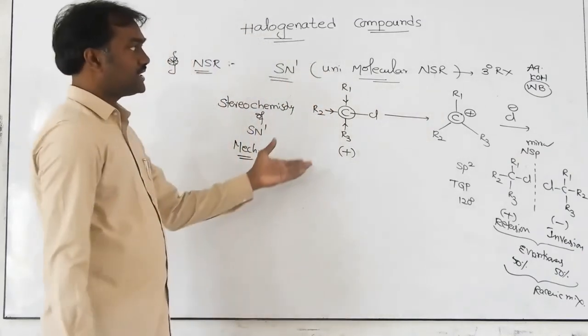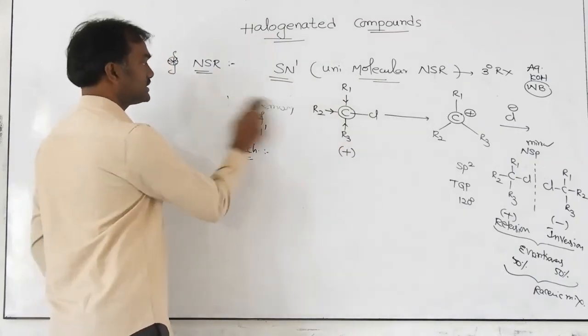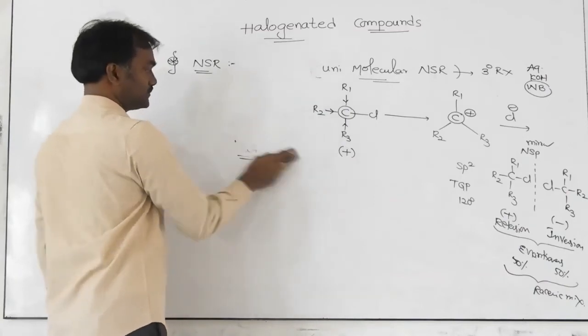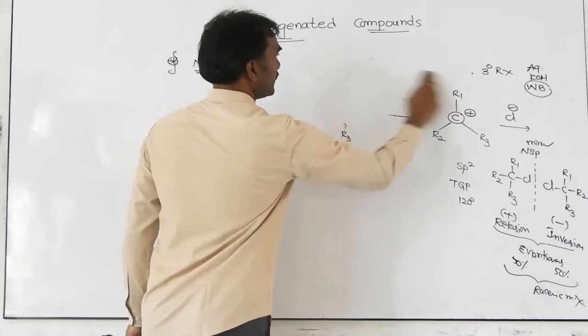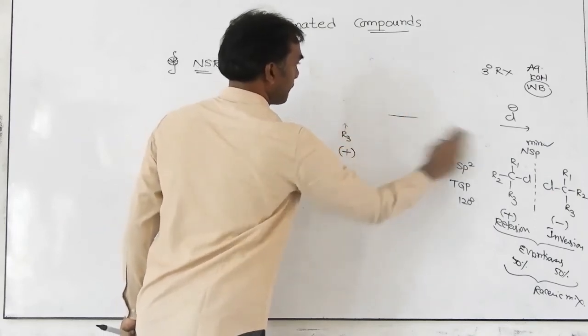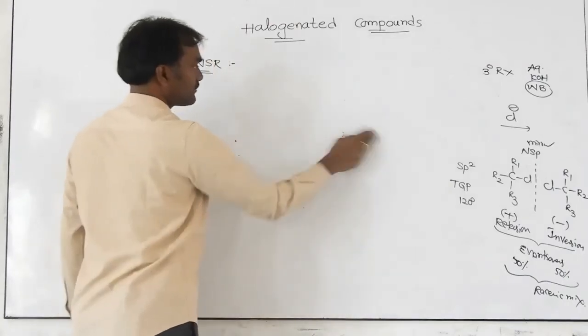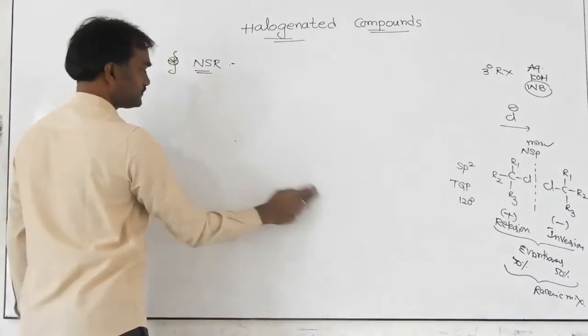Whatever we discussed, write it all down in one place, which is better from our entrance exam point of view. Where it is forming, in the presence of which reagent it is forming, everything.